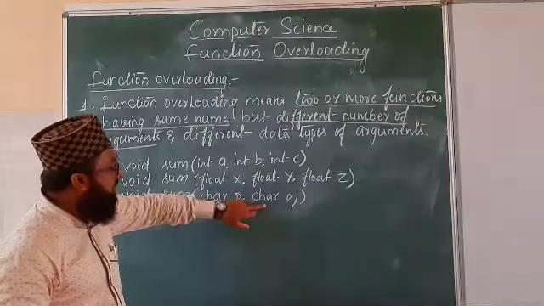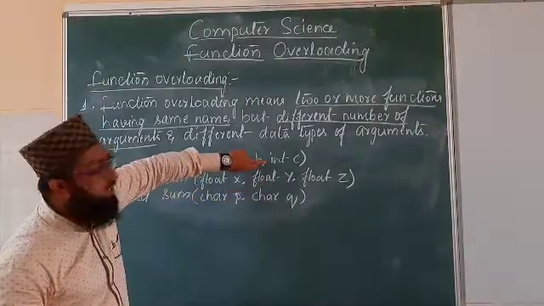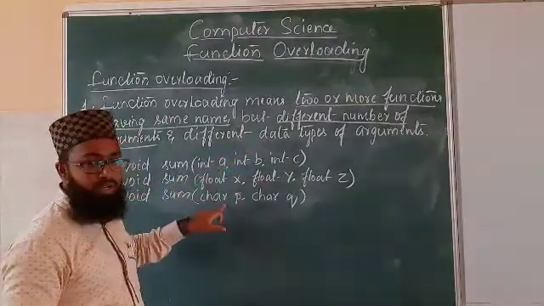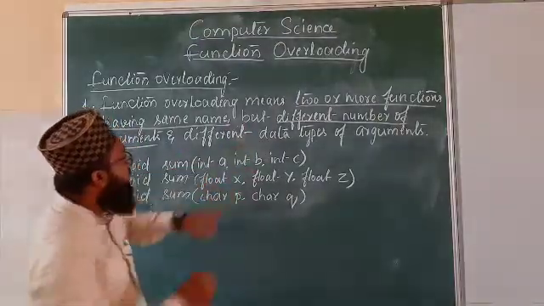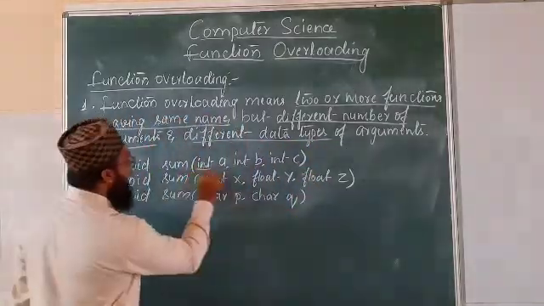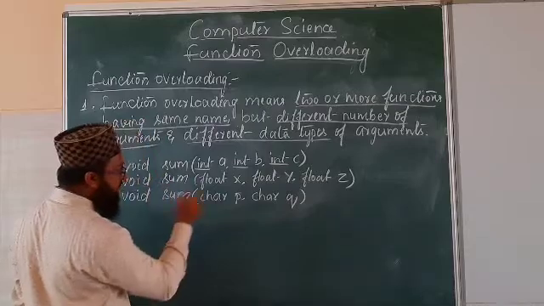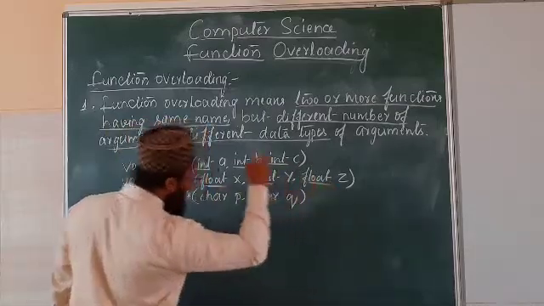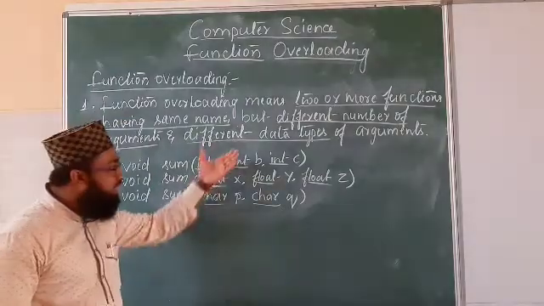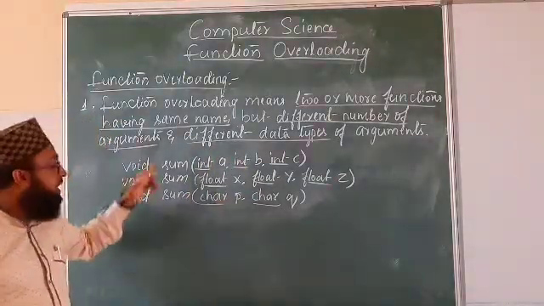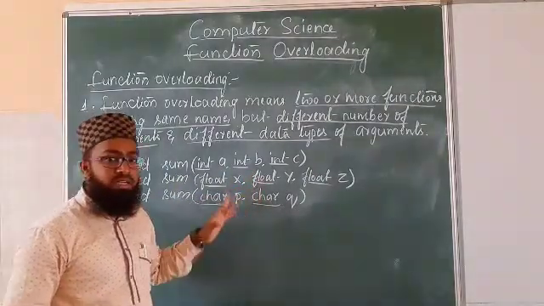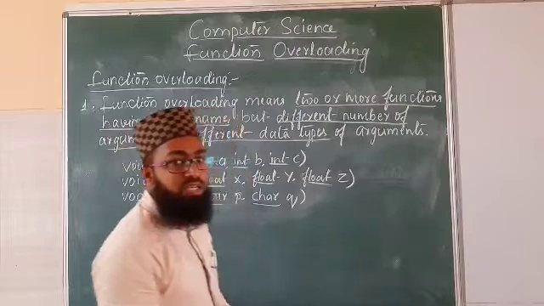The numbers of arguments are different, and the data types are different: integer in the first function, float in the second function, and character in the third function. This is called function overloading. The same function having different numbers of arguments and different data type arguments is called function overloading.